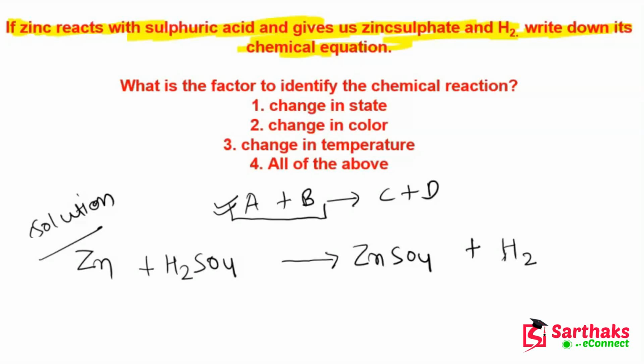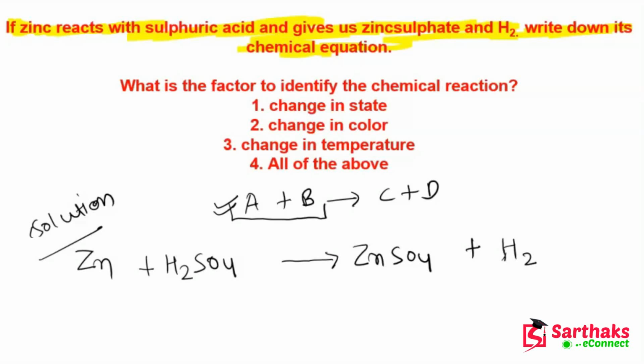Okay, is the chemical equation complete? Our answer is no, because we are yet to mention the states of the substances. Then the chemical equation will be considered a complete equation.